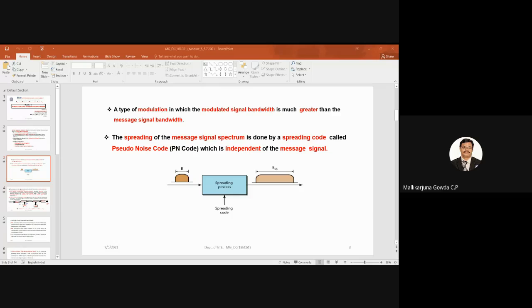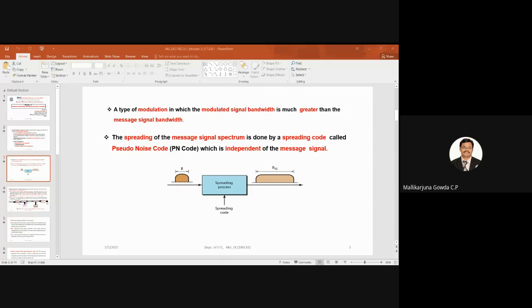You might have studied different types of source coding techniques, and the purpose of source coding is to represent the information as efficiently as possible, so that we can reduce the requirement of bandwidth. That is what is done at the first level, source encoding we say.